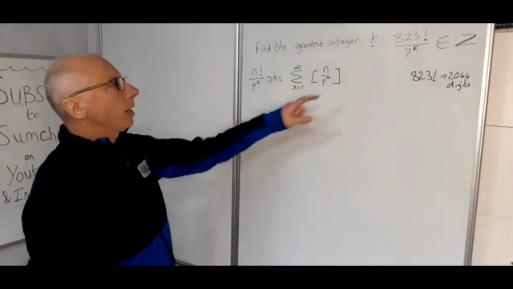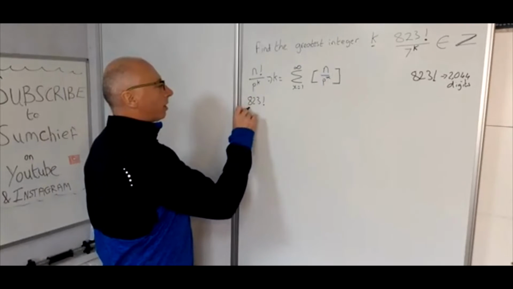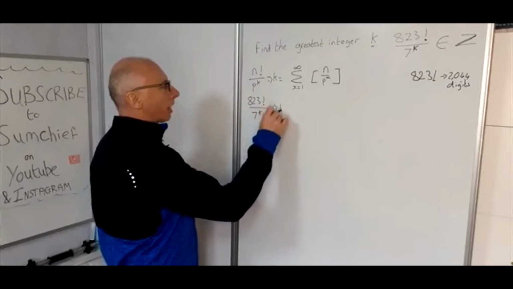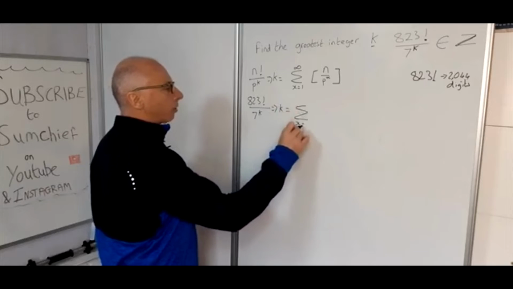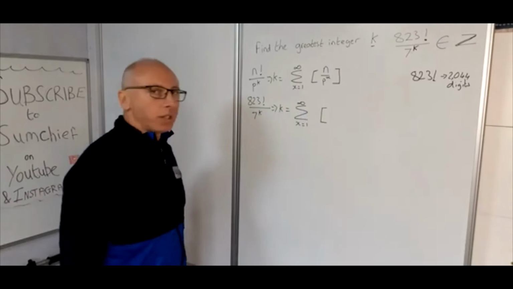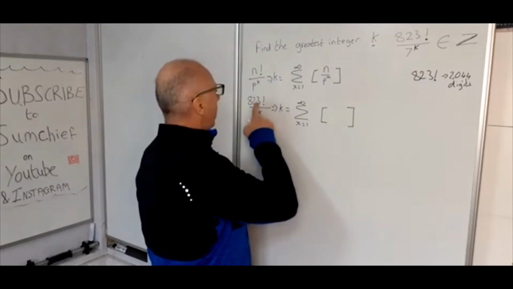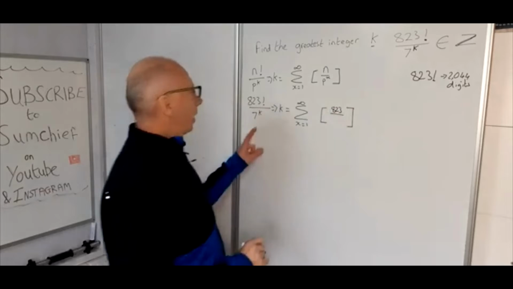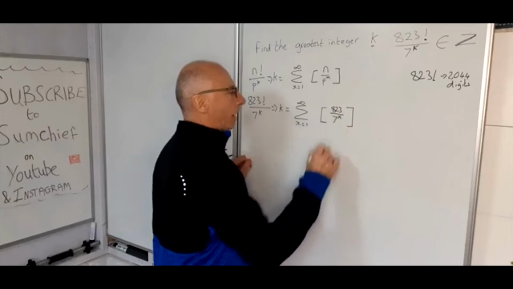Okay, so here we've got 823 factorial, I'm going to write that down again here, divided by 7 to the power of k. So we want k. So k equals the sum from x equals 1 to infinity of the greatest integer function of 823 divided by 7 to the power of x. 823 is our n, and our p is 7, and that's to the power of x.